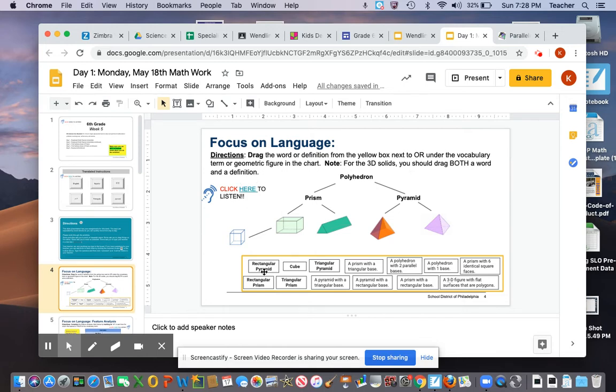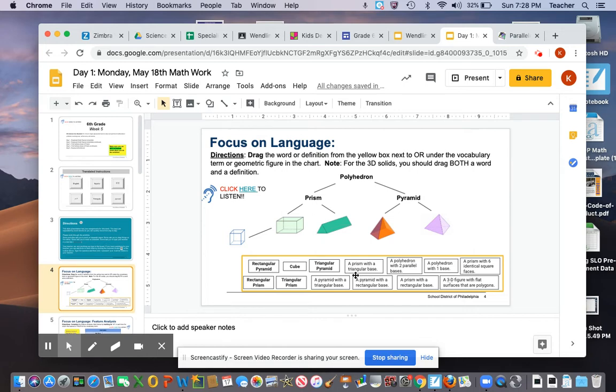So this is telling us we've got these bolded ones: rectangular pyramid, cube, triangular pyramid, rectangular prism, and triangular prism. One of these has to go to each of these shapes, and then one of these definitions has to go to each of these shapes. So I'm going to read these.